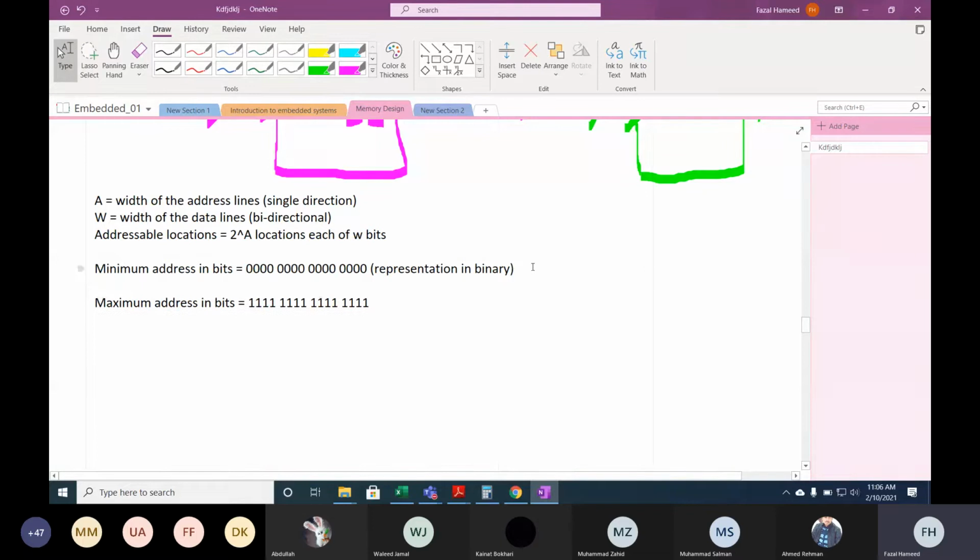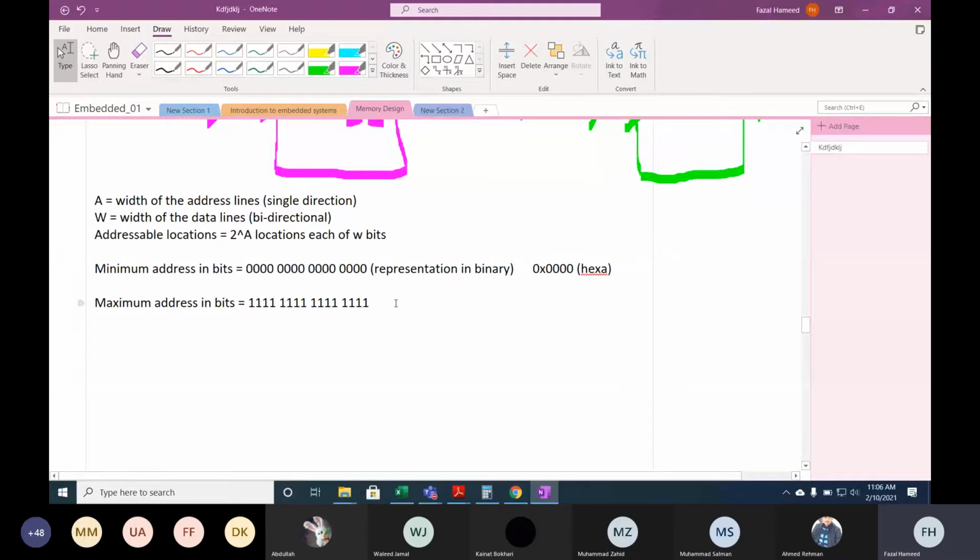If you want to do it in hexadecimal, how can we represent it? In hexadecimal, 0x. Now if you remember, each hexadecimal digit refers to 4 bits. So we have 0000. So this is the representation in hexa.